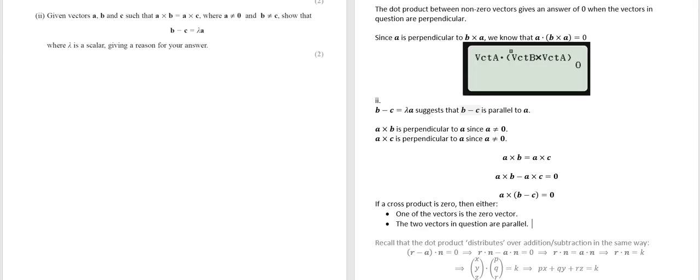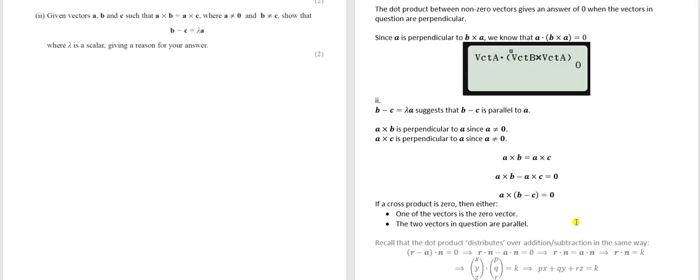A good way to remember this is to think in terms of the parallelogram idea. The way we use the cross product to calculate the area of a parallelogram. The length of the vector we end up with gives us the area of the enclosed parallelogram. So if these are our vectors, A and B minus C, then the parallelogram enclosed by the vector A and the vector B minus C has area 0.